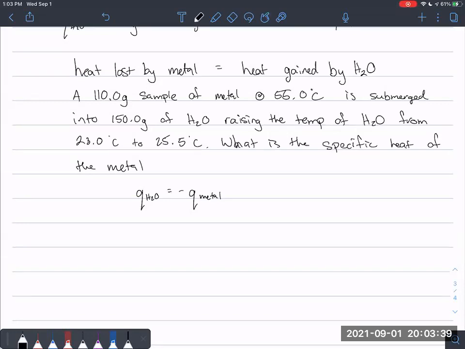The metal will cool down, the water will get warm, and they'll reach a point called thermal equilibrium, where both have the same temperature. So the final temperature for the water is also the final temperature for the metal. The water heats up to 25.5 degrees, and the metal cools down to 25.5 degrees.